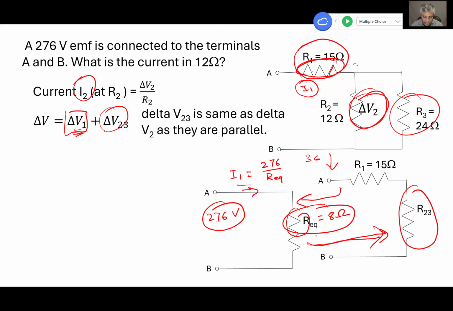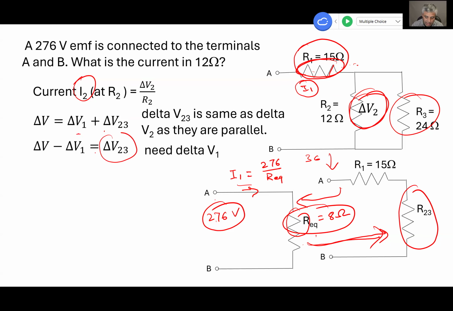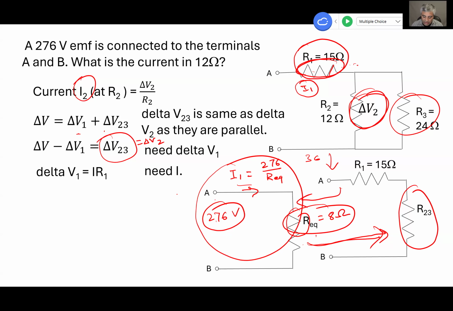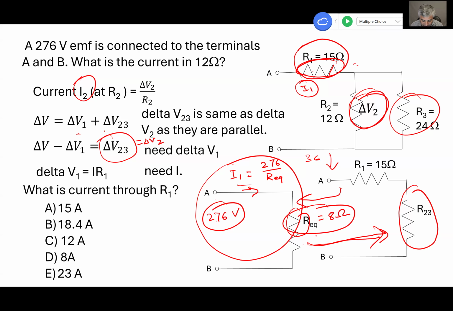So I can just move this delta V1 to that side, so I have delta V23, which is also the same as delta V2. Here delta V1 is I times R1, so we need I, so that's why we went through this, okay? So once we have that, oh, that is the calculation we were doing, I think.